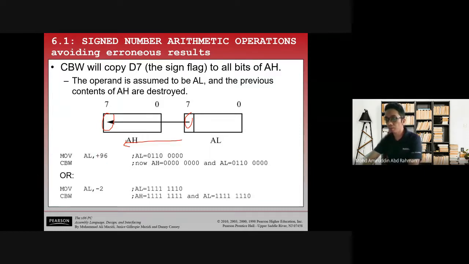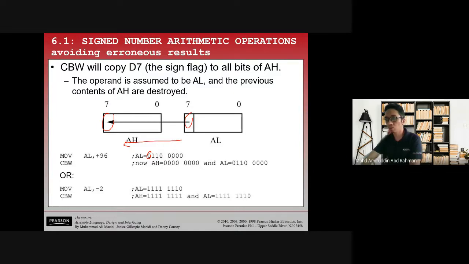Okay, so we have AL equal to plus 96. The sign bit is 0 over there, and over here we have 1 1 0 0 0 0 0.